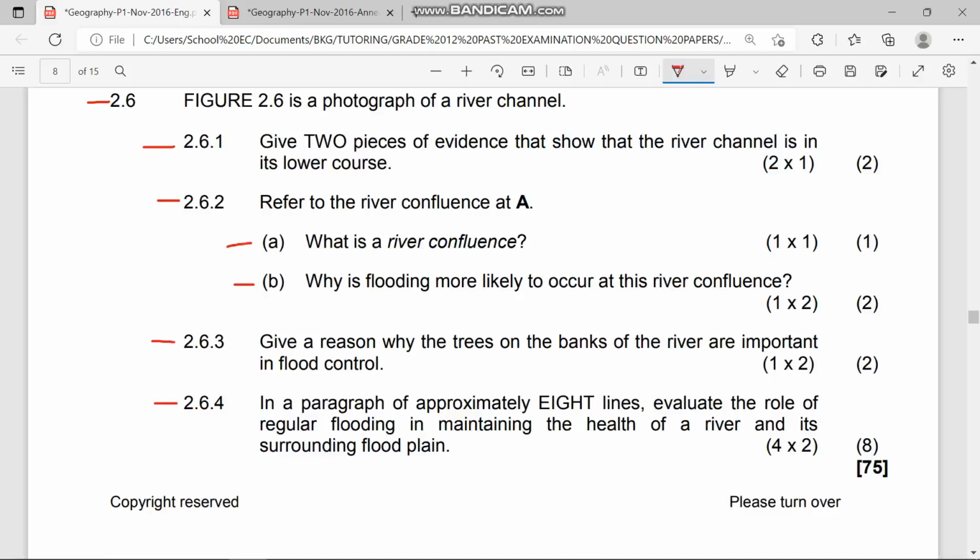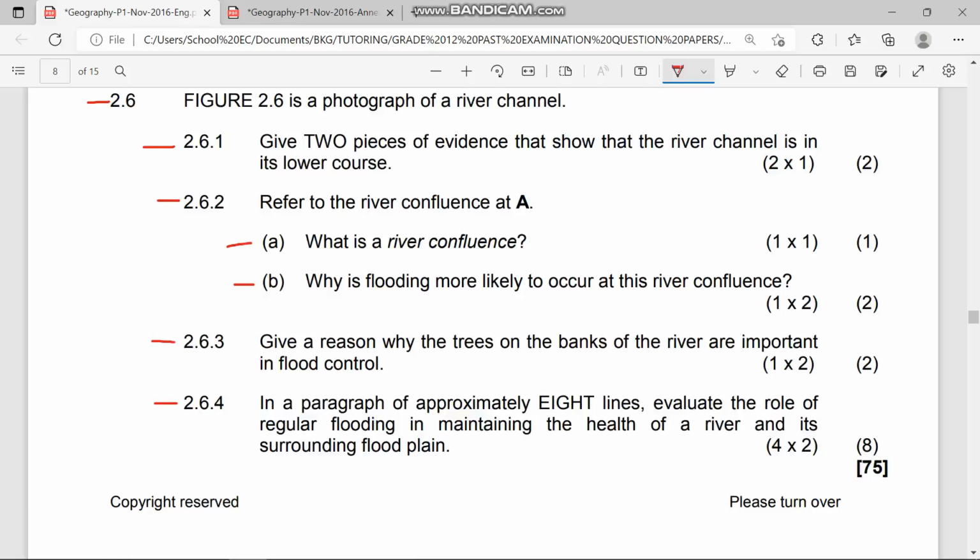So now maybe I can say advantages, the positive roles of flooding in a river. We are basically evaluating the role of regular flooding in maintaining the health of a river and its surrounding floodplain.